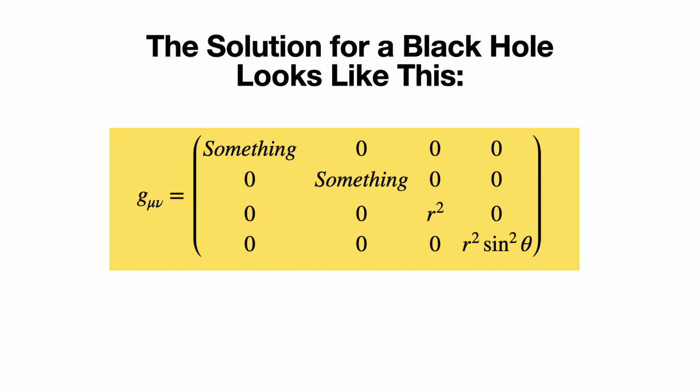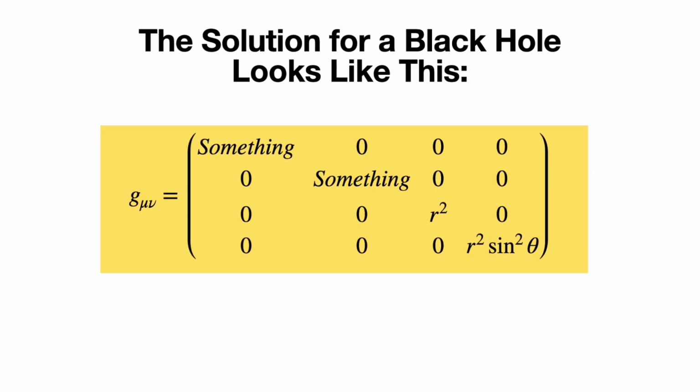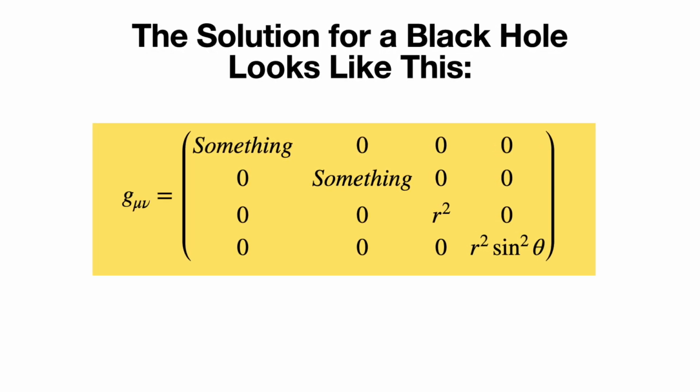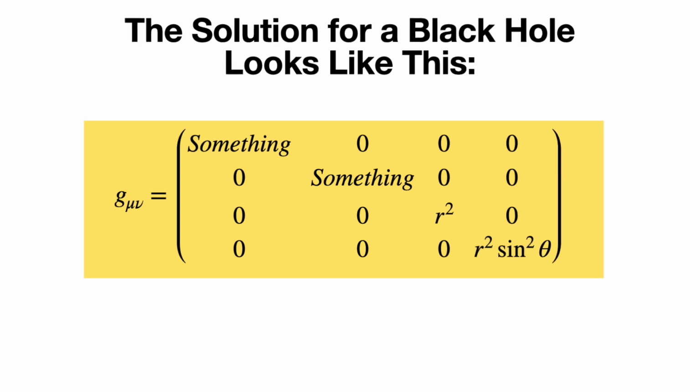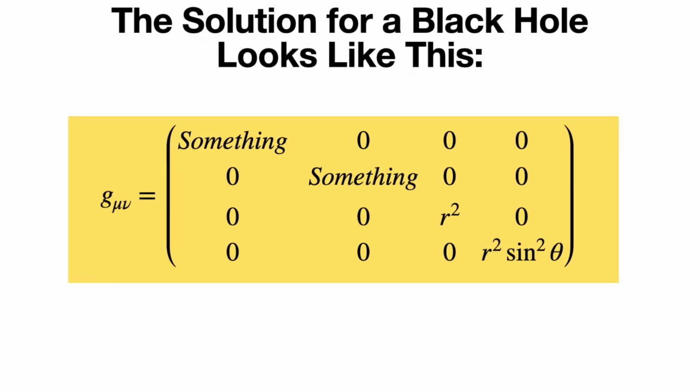Now here's what the solution for the black hole looks like. The metric tensor has 16 components, of course. Most of them are 0. The off-diagonal terms will be non-zero for a rotating black hole, but that is definitely more complicated. The r squared and r squared sine squared theta should be familiar to you from ordinary spherical coordinates that you use in 3 dimensions.